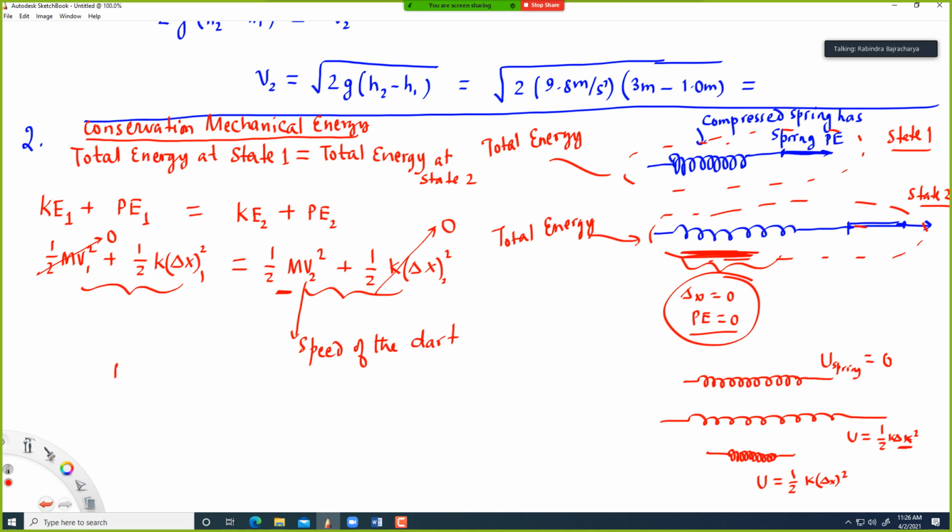We have 1/2 k delta x squared equals 1/2 m v2 squared. You can cancel 1/2 and 1/2 on both sides. If you don't want to do it directly like that, you can multiply both sides by 2 and then cancel 2 and 1/2. So how would you find v from this expression? Why don't you write down the expression for v and tell me what the expression is.